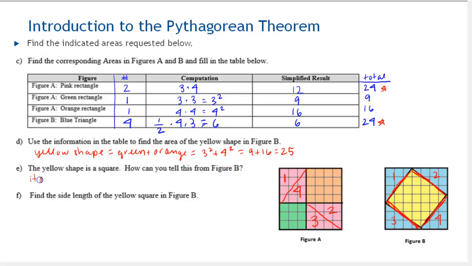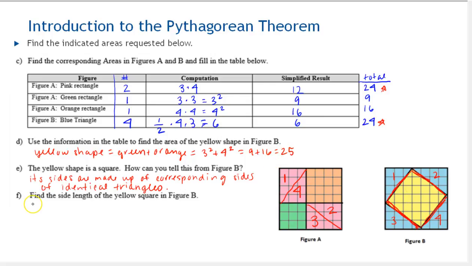Because its sides are made up of corresponding sides of identical triangles. Okay. So now we know 2 things. We know that this yellow shape is a square, and we know that its area is 25.